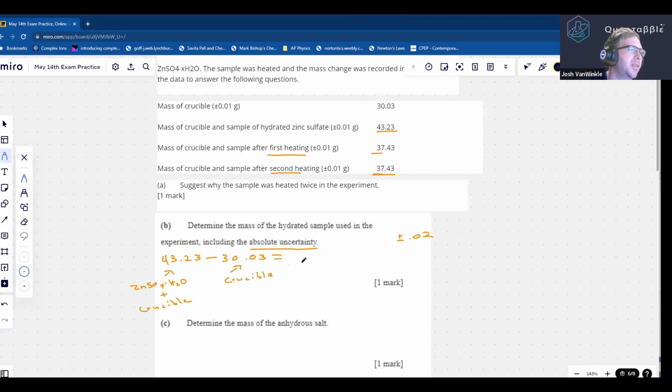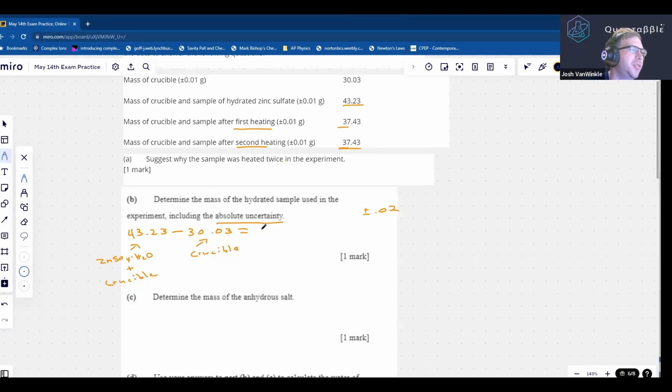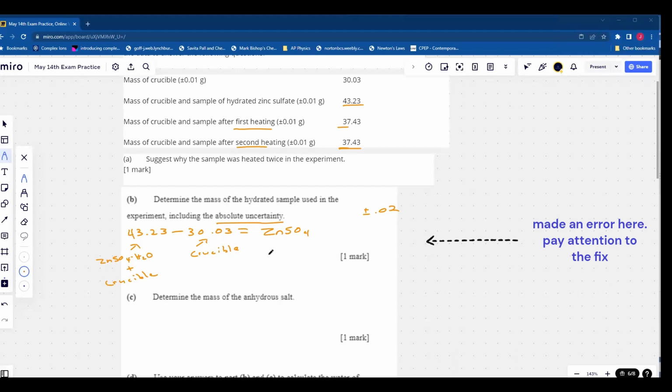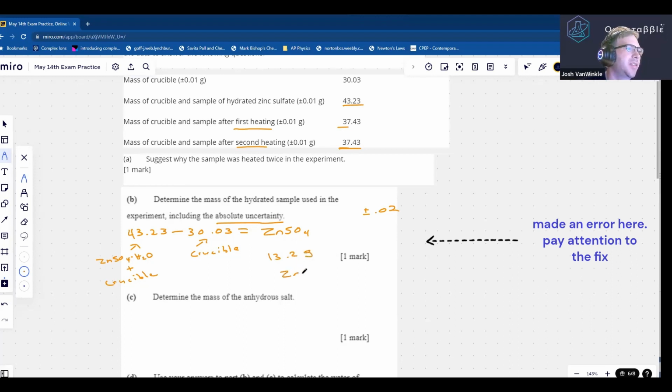So when I subtract these, I get just the ZnSO4. So that's going to be, I don't know what. That's 13.2. 13.2 grams. So that's how many grams of that zinc SO4 that we had.